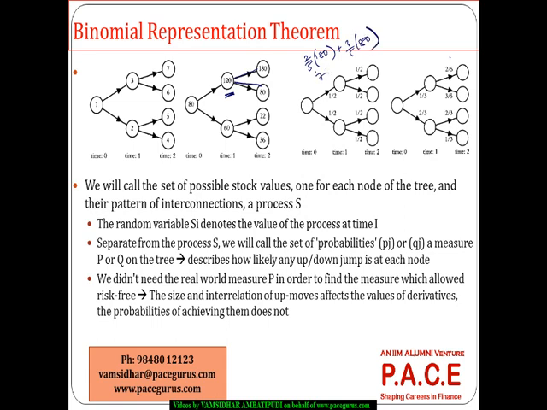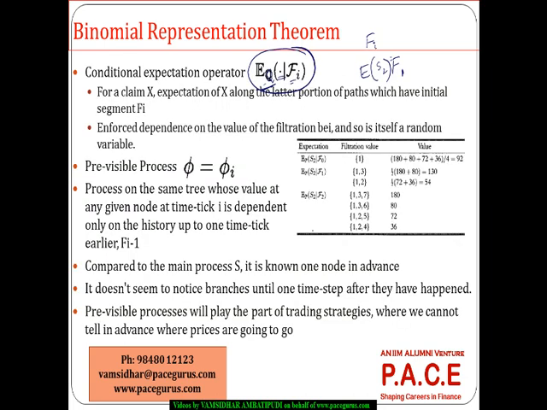So this comes out to be 72 and 48, which works out to 120. So the expected value of S2 given F1 is 120. In the same way I can go with given F1 equal to 60.